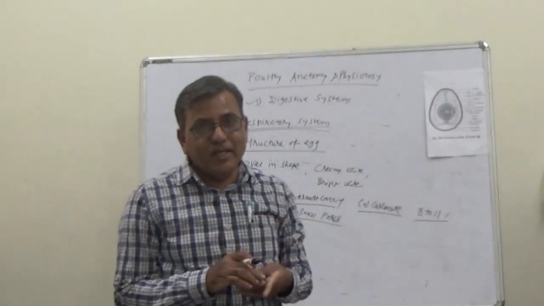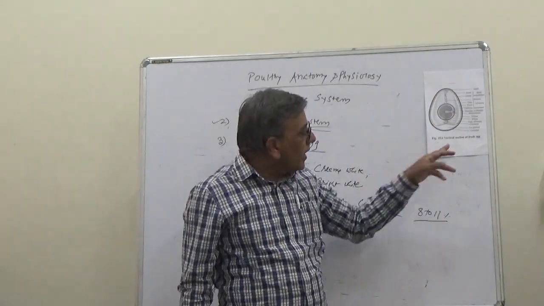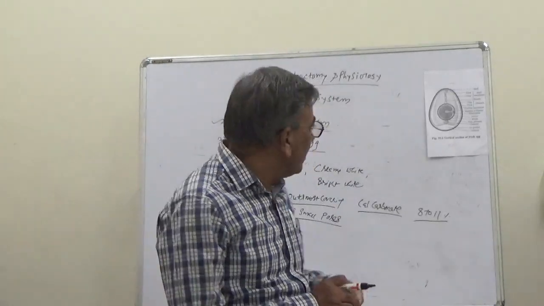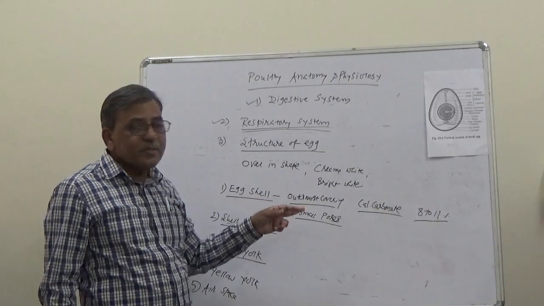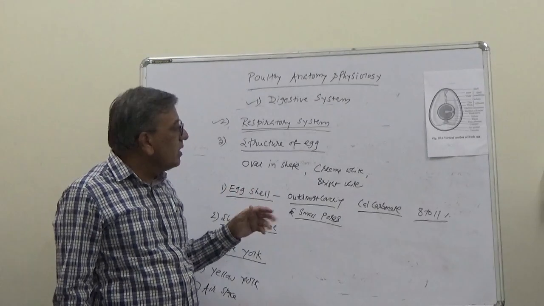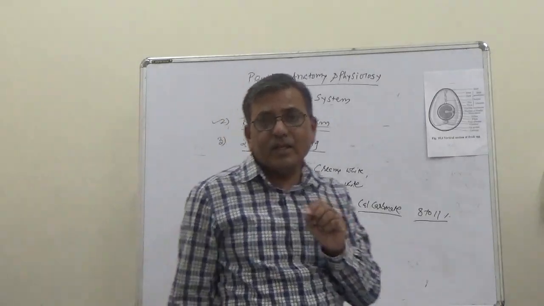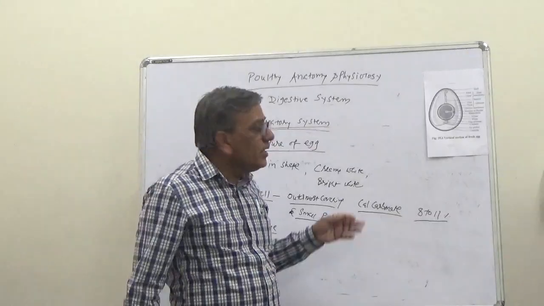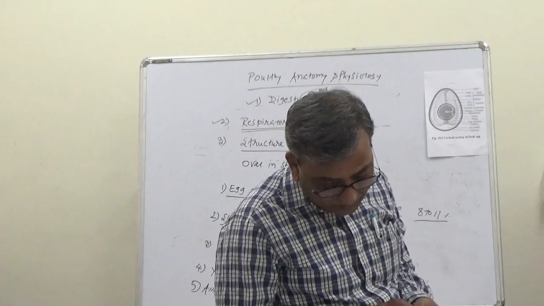If the egg is fertile, if the embryo is growing inside the egg, then oxygen is required, and it will pass through these eggshell pores. So eggshell is the outermost covering of egg, made up of calcium carbonate, 8 to 11% of the total egg volume. The surface has small pores for exchange of air, and the function is that it gives shape to egg and protects the inner contents of egg from the environment.